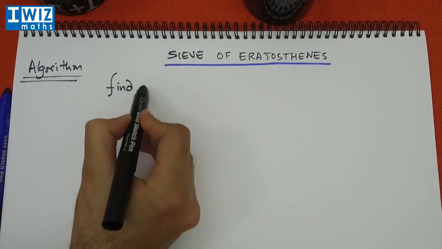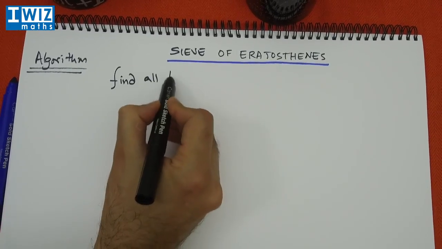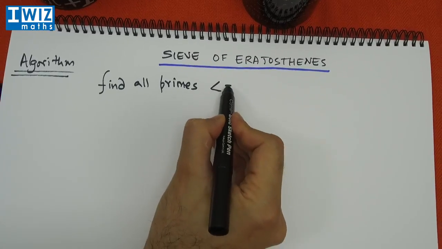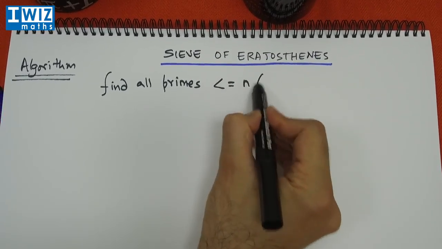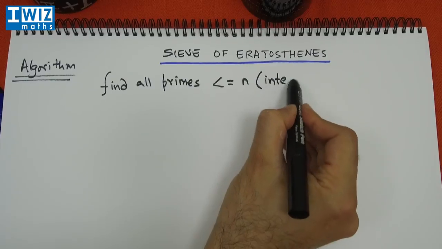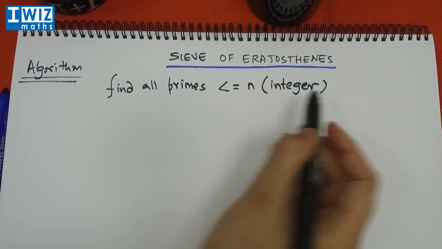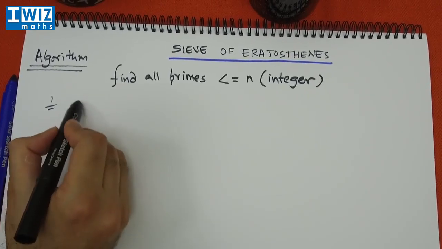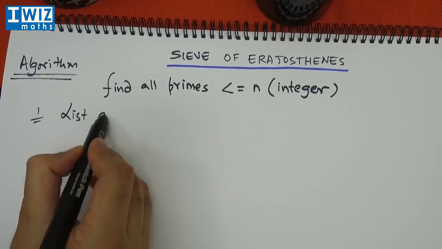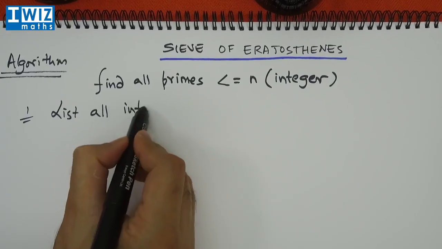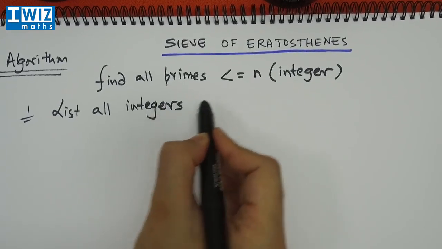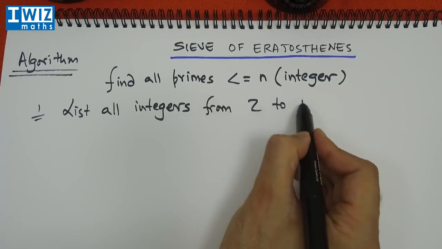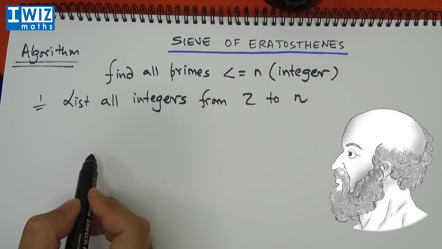That is to find all primes that are less than or equal to n, where n is an integer. The first step is to list all integers from 2 to n.